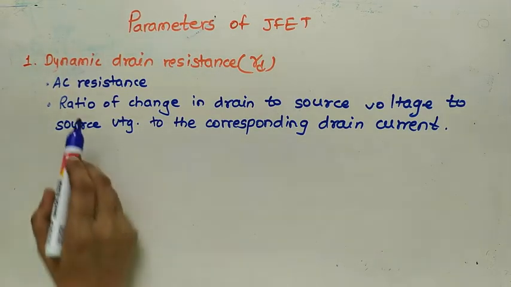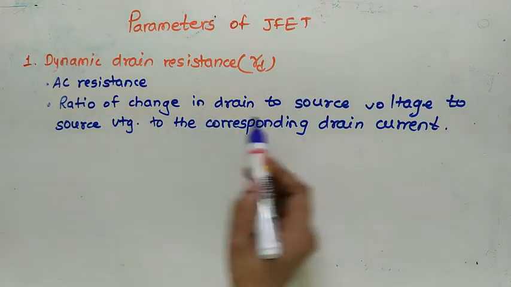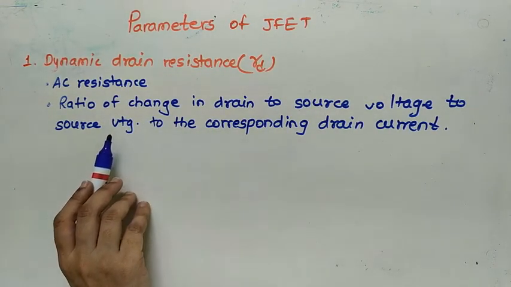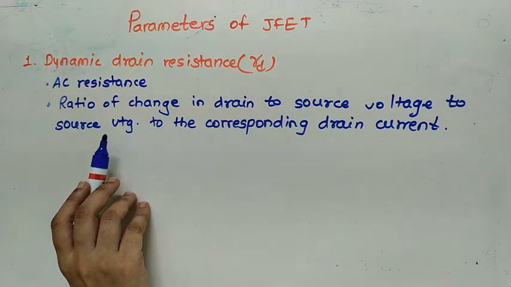Means when we are taking the ratio, at that time the gate to source voltage is constant.